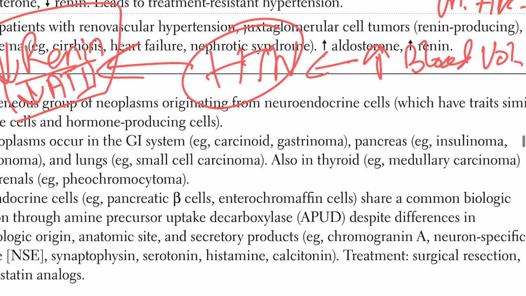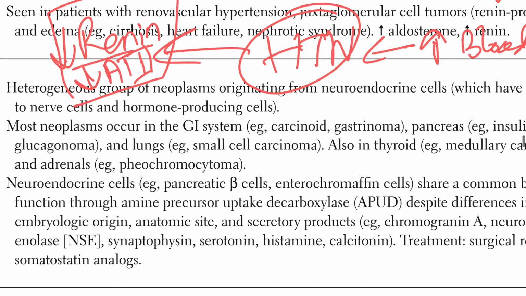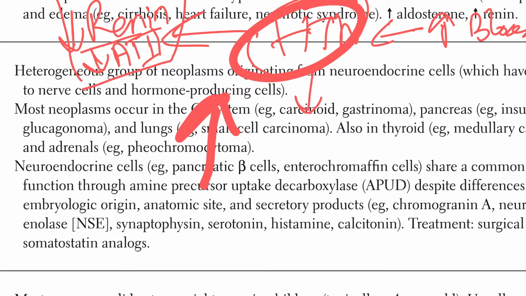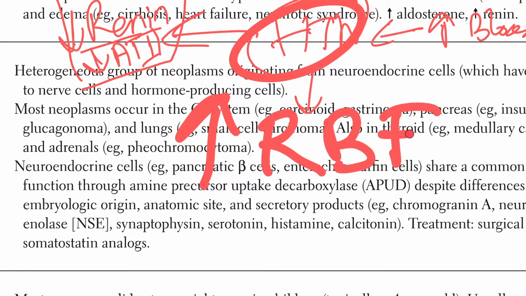With that hypertension, on top of that, I don't know if you can see it, let me just do a bigger font here. So with hypertension, you're going to cause increase in the renal blood flow, right?